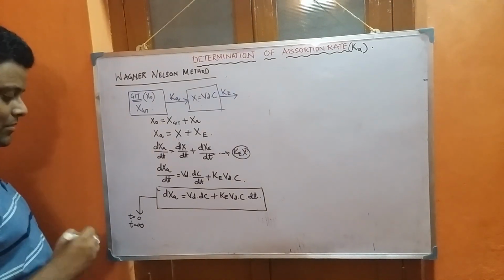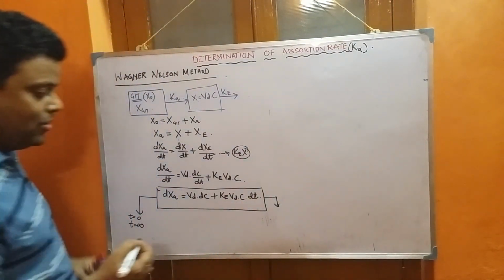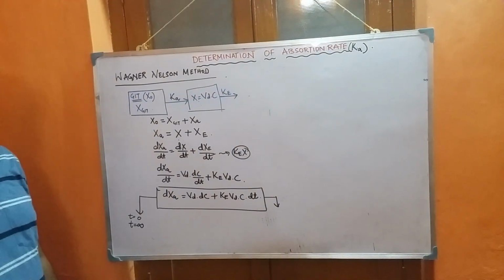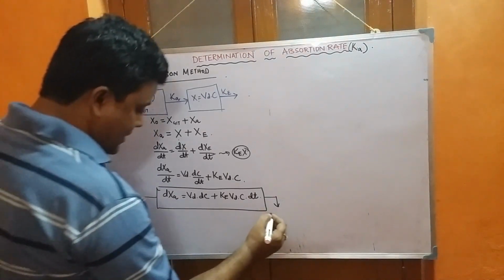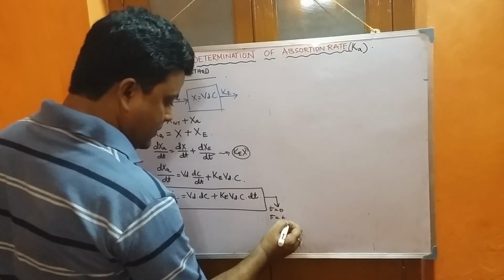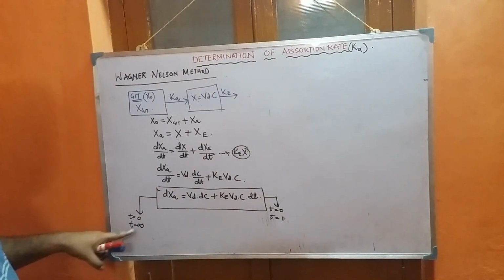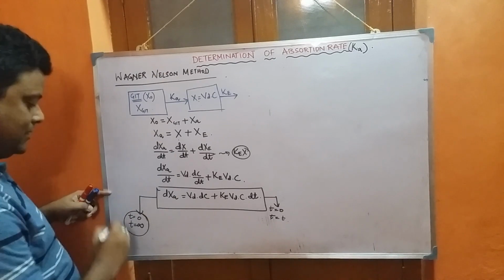So this will be one. Another will be from t equals 0 to t equals t. So these will be two cases which will be considered. Okay, so first let us do the first one. So this case we will consider.